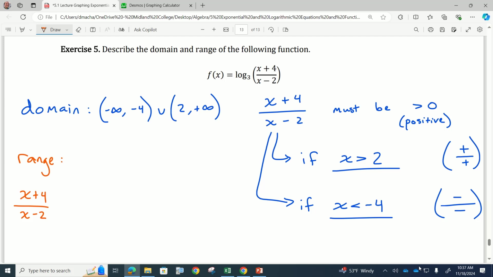It's got one pole, and it's got one zero, and I guess what I'm trying to say is that this is the same thing as 1 plus 6 over x minus 2. Did I do that right? The x minus 2 plus 6. Yeah.